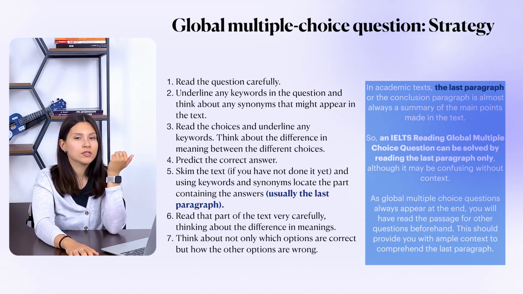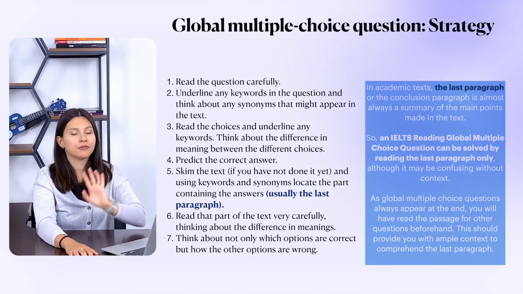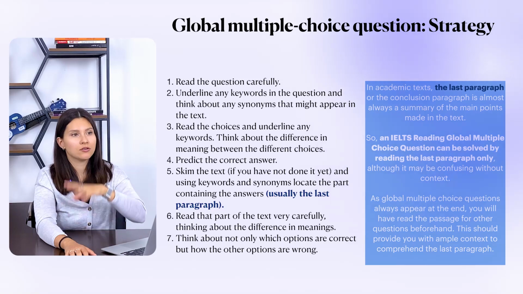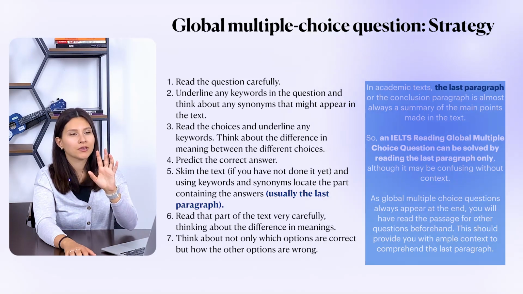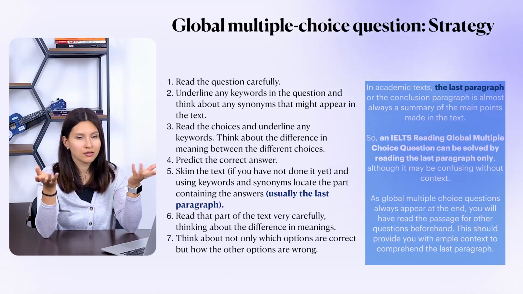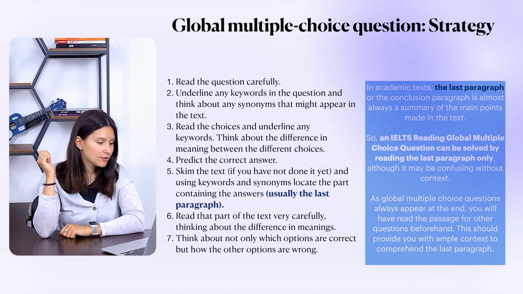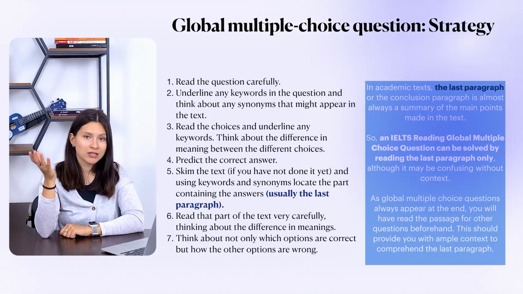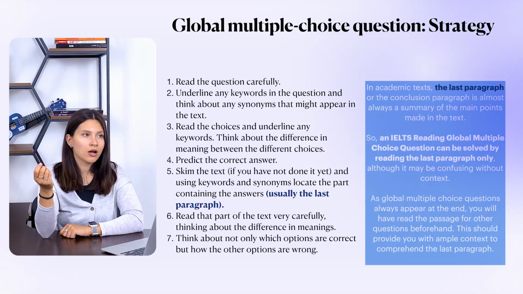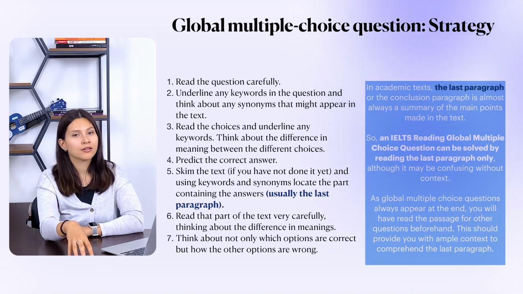So next you have to skim the passage, and usually the last paragraph is the one which will consist of the final summary of the overall theme, the idea, conclusion of the reading passage, okay? And so in academic texts, and even in your IELTS writing task 2, the essay, you always have to provide a conclusion.